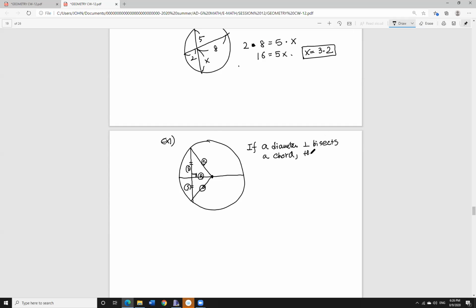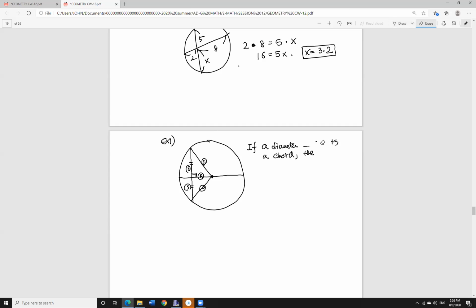The diameter, the chord is always perpendicular.